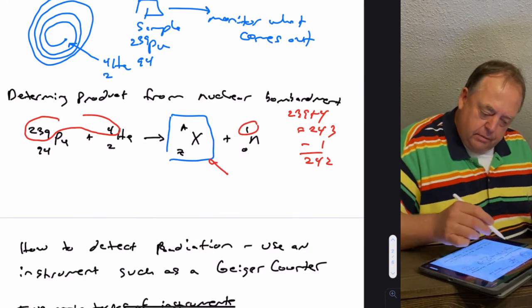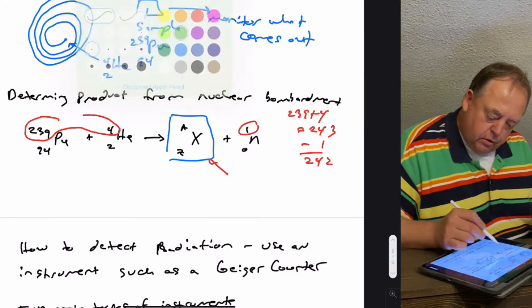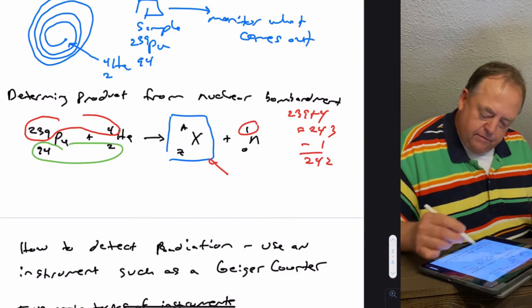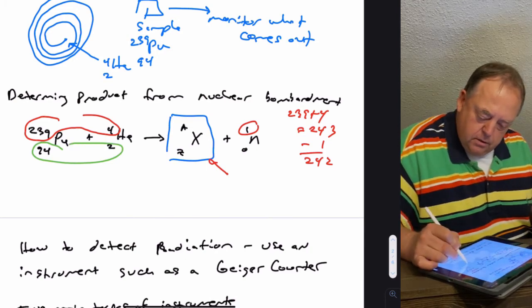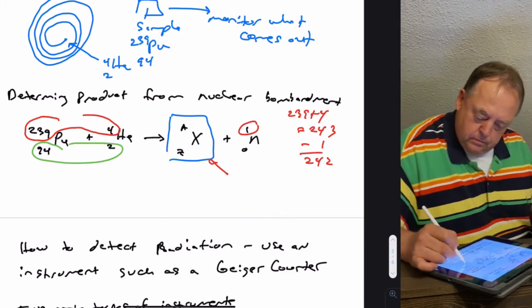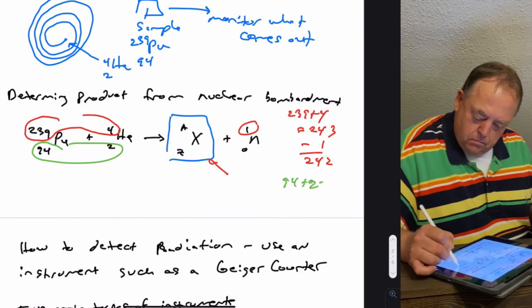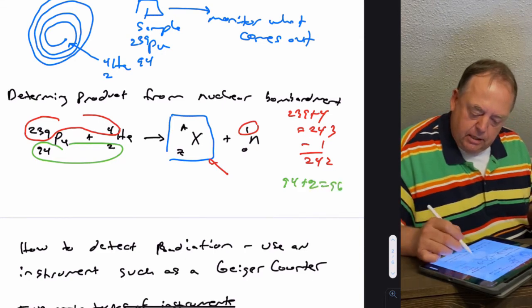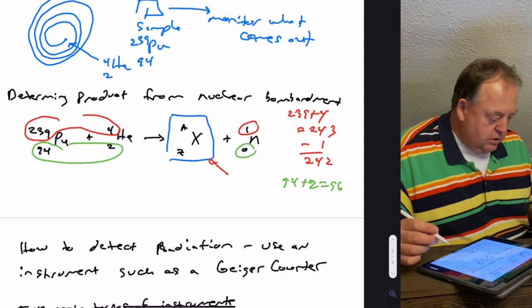And then you do the same with the subscript. So 94 and 2 went in. So 96 on the left, and this is 0.